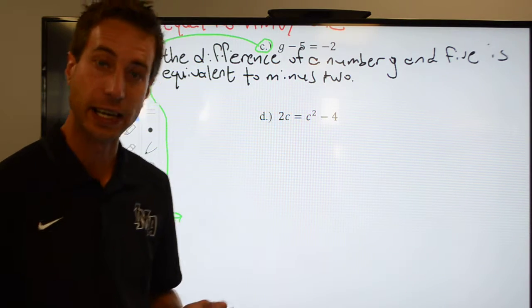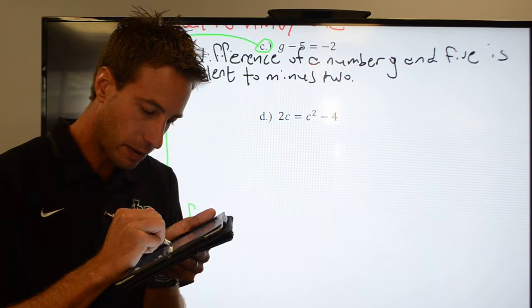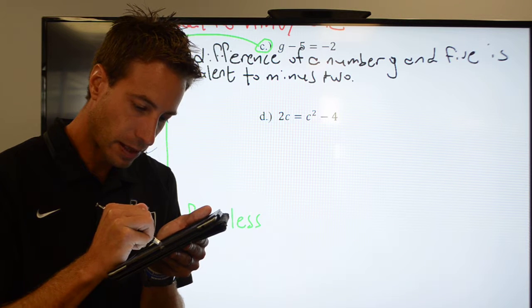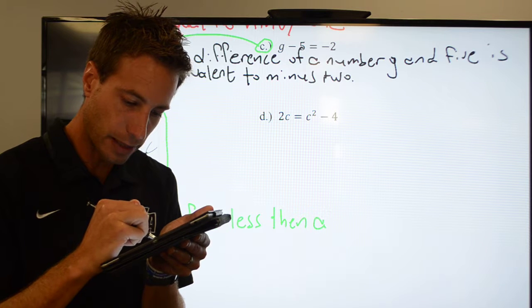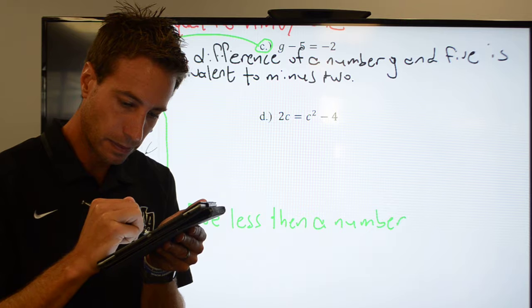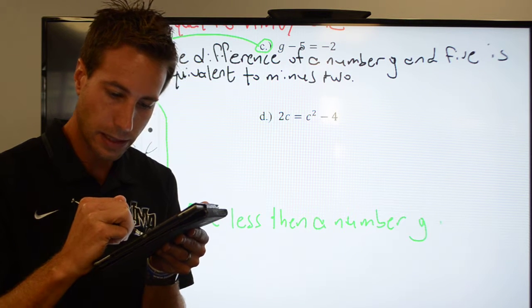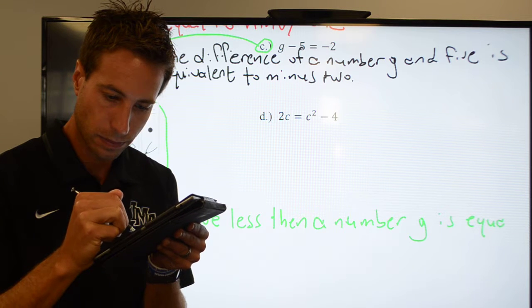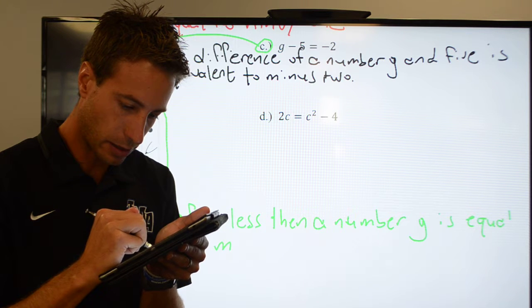Remember, the way I said it is you're going to do 5 less than a number g is equal to -2.